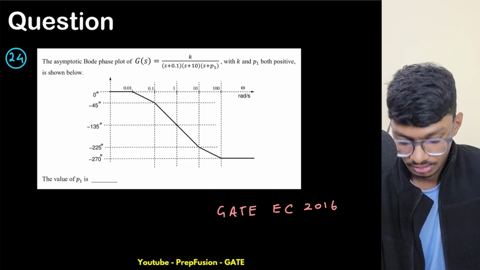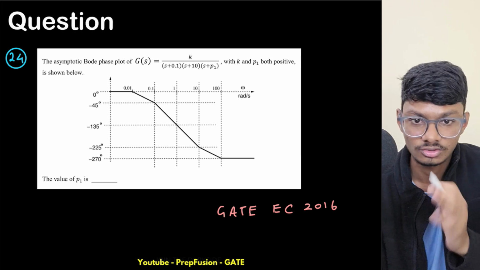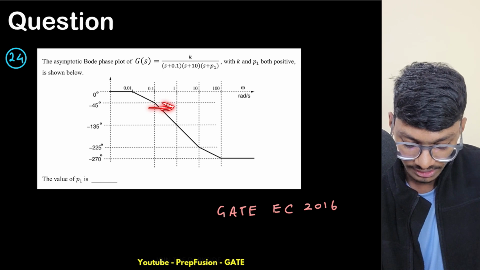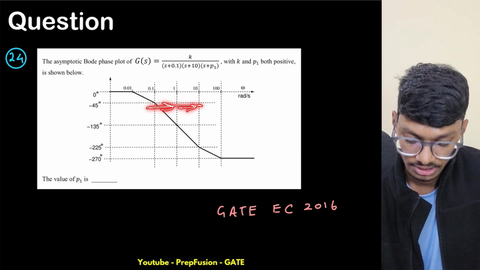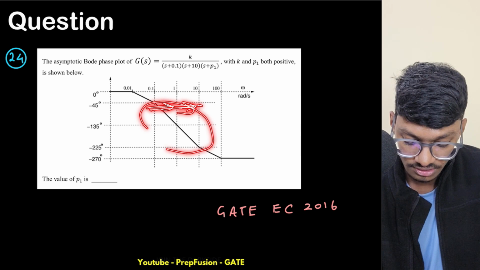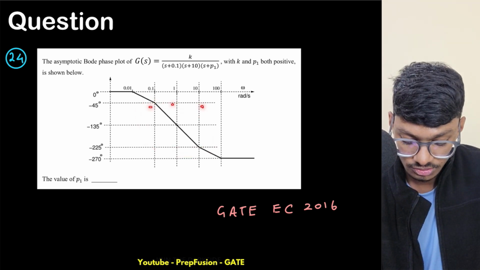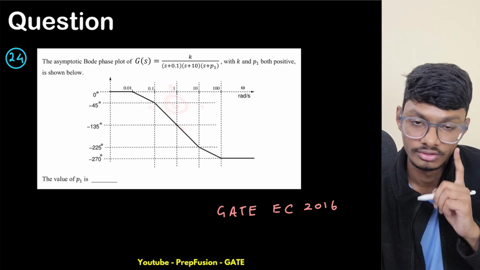Where is the pole? Either you can guess or you have understood by now that this 1 decade and this 1 decade make a total of 2 decades, and over these two decades my slope is further reduced by 45 degrees. That means between these 2 decades I will have another pole.